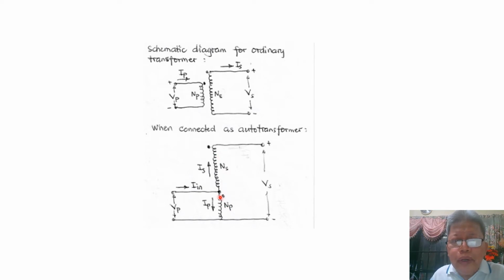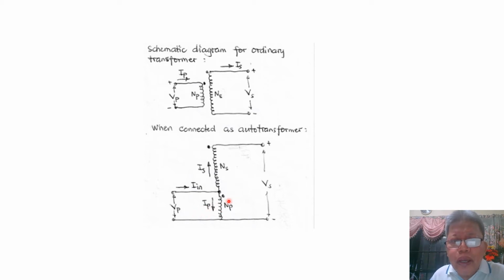So our primary is this with supplied voltage V sub P, but our V sub S would now be measured from this common point of the primary and the secondary, up to this point of the secondary winding.